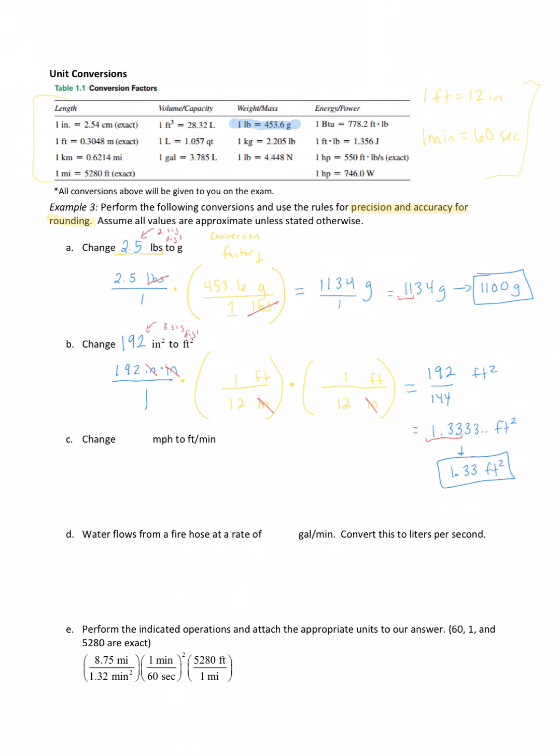This time, we want to change 45 miles per hour to feet per minute. This one we have to set up a little bit differently because now we have 2 kinds of units being given to us in the original measurement. We have 45 miles. We can think of that as per 1 hour.